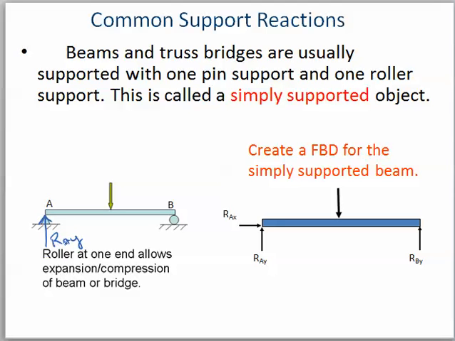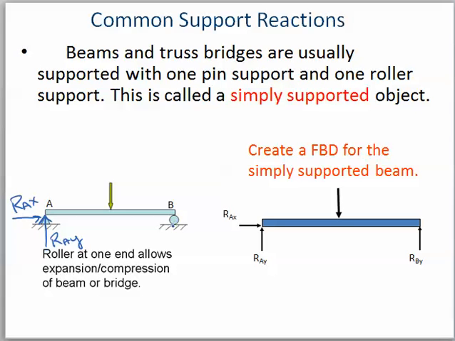The R stands for reaction force, the A means it's at point A, and Y means the direction. There's also a reaction force at point A in the X direction. So we have RAX and RAY.